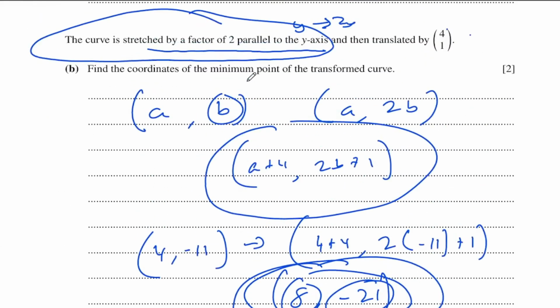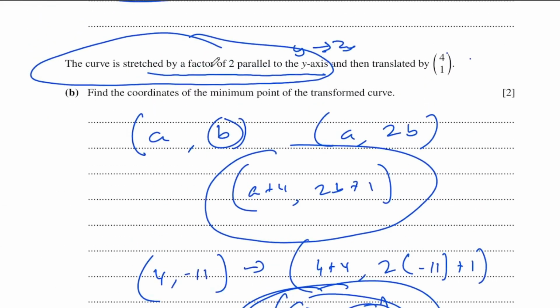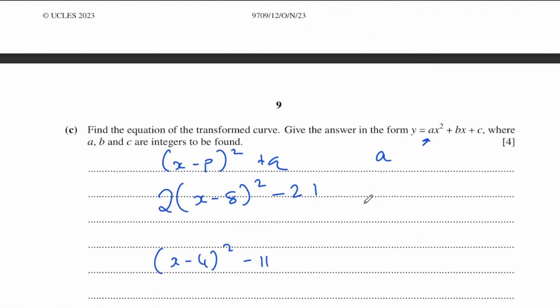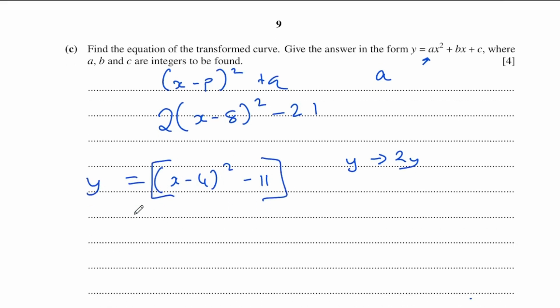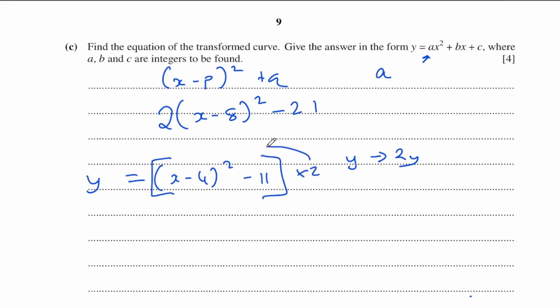And then you say, okay, first one, the curve is stretched by a factor of 2 parallel to the y-axis, meaning every y becomes 2y. And here what happens is, obviously this is equal to y. So you're multiplying the entire thing by 2, which just means you're multiplying 2 here and you're multiplying 2 here, which just becomes 2 bracket x minus 4 squared minus 22.